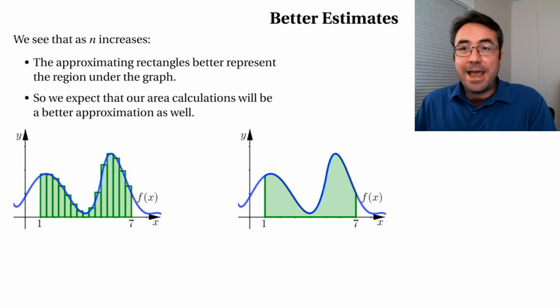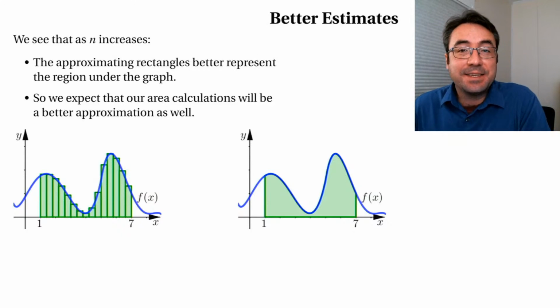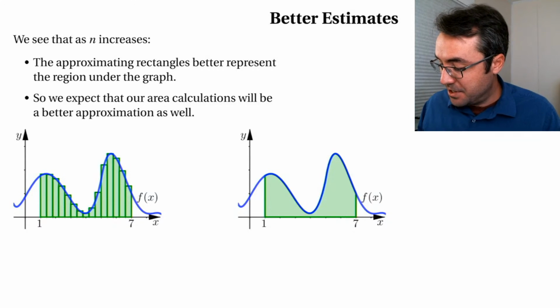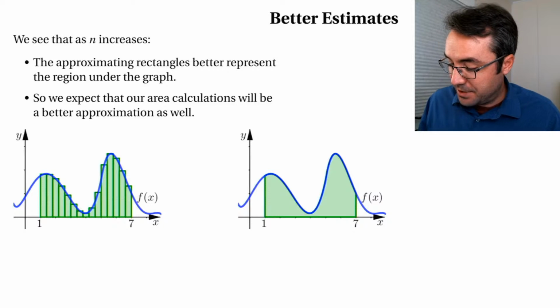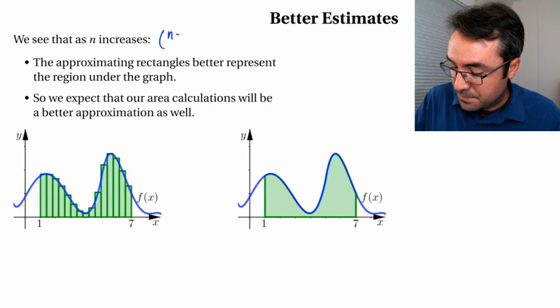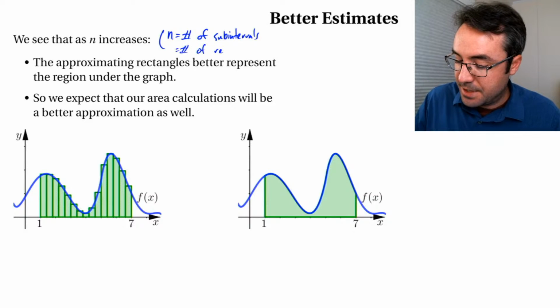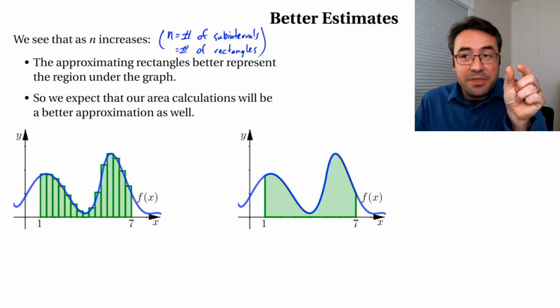And so what we see is as the approximating rectangles, as n increases, or another way to think of it, as the number of rectangles increases, they're going to be thinner and thinner.